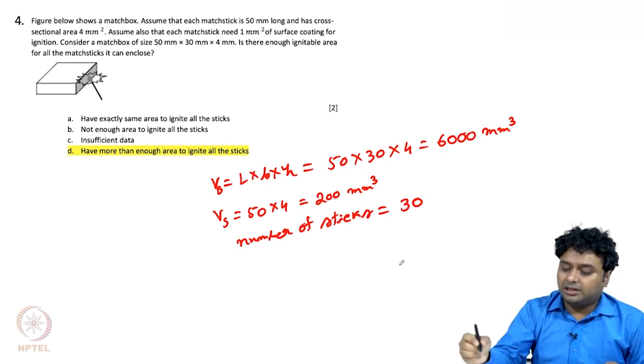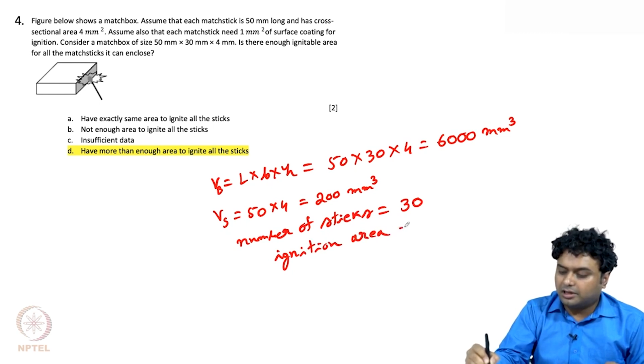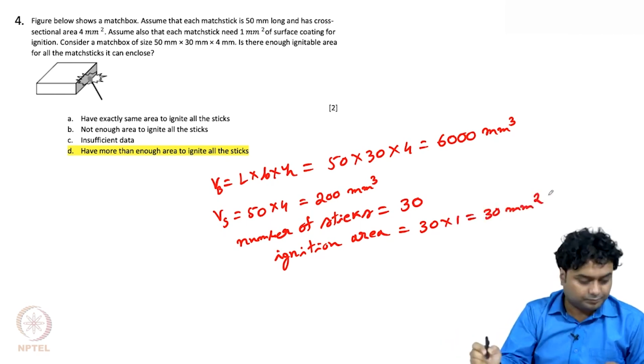So 30 sticks need 30 millimeter square of ignition area. Area equals 30 into 1 equals 30 millimeter square.